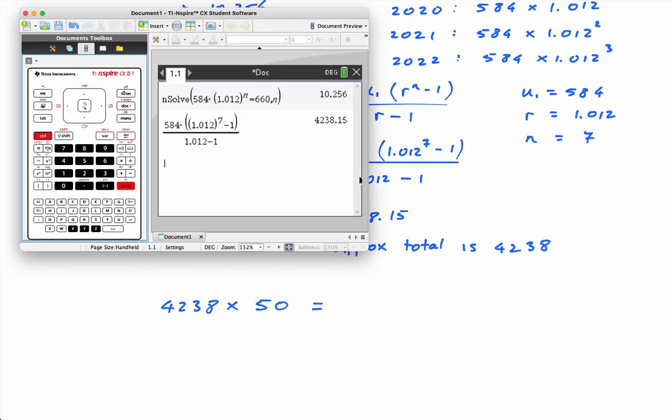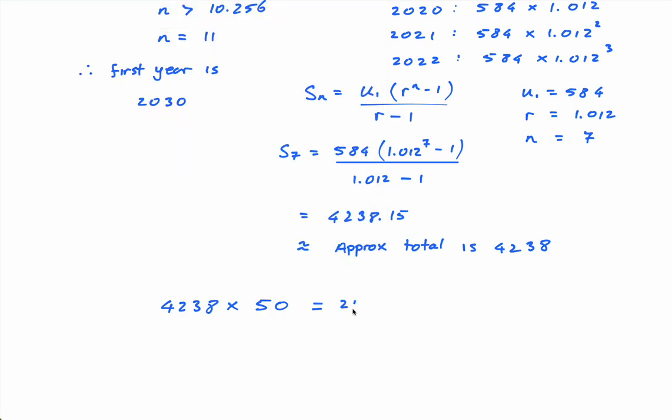So 4238 times 50 gives me 211,900. If I want to give that to 3 significant figures, that's 212,000.